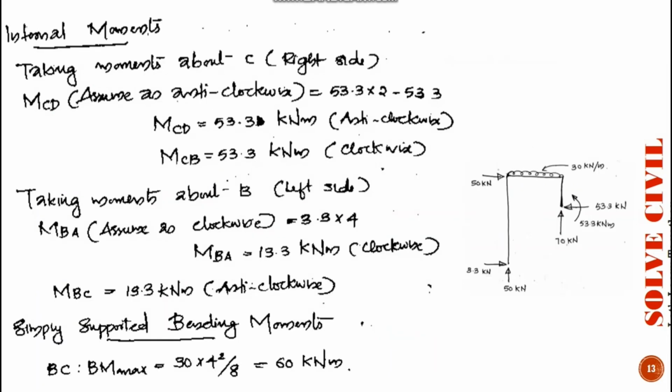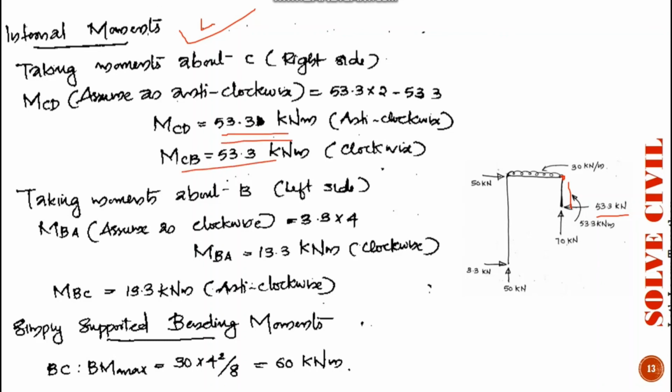Now we have to find the internal moments. Taking moment about C, MCD will be 53.3 into 2 minus 53.3. So, the value will be 53.3 kilonewton meter.